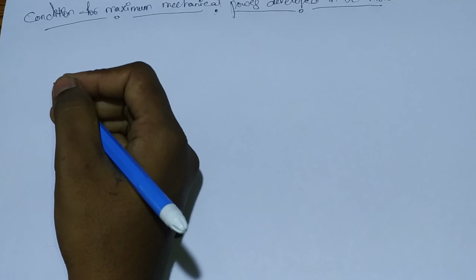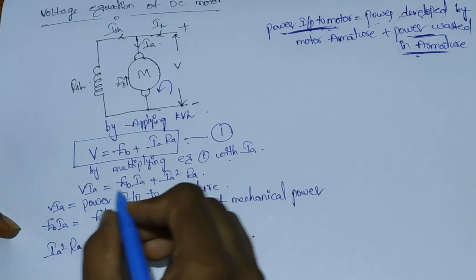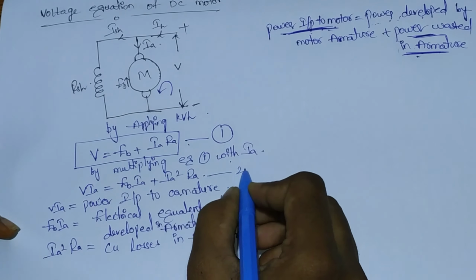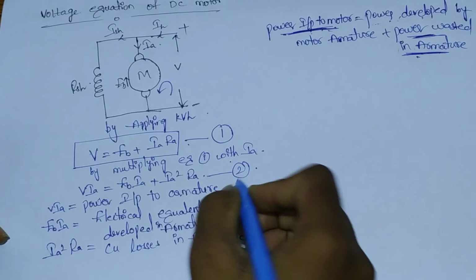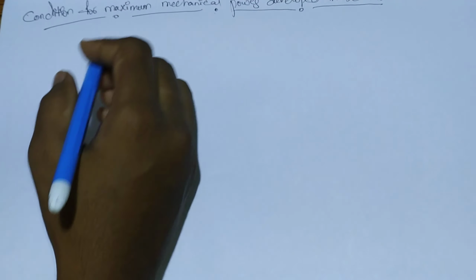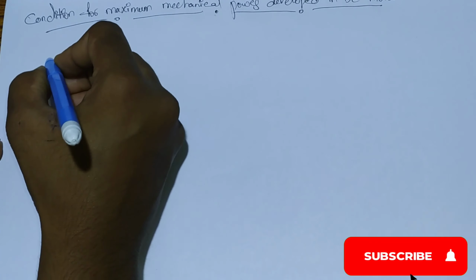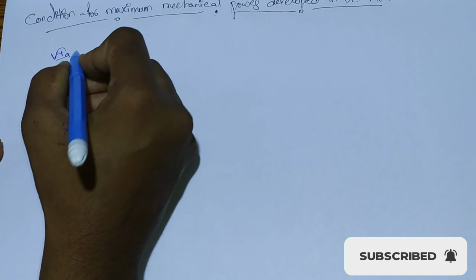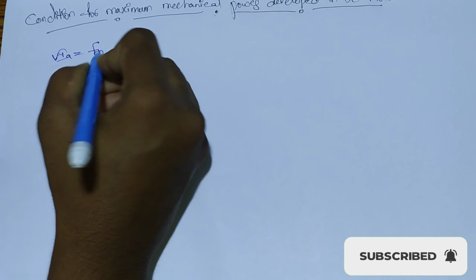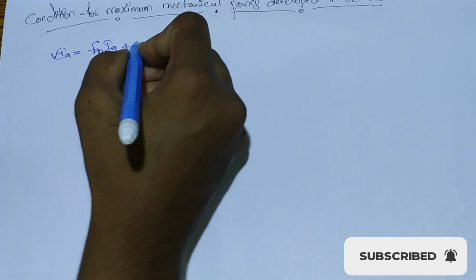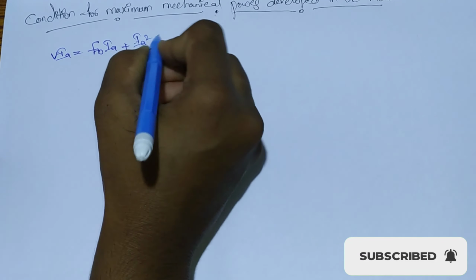For that, I am considering the equation derived in the voltage equation, and I take this as the second equation: VIA equal to EBIA plus IA square RA.